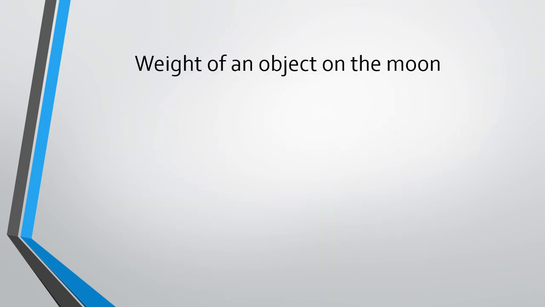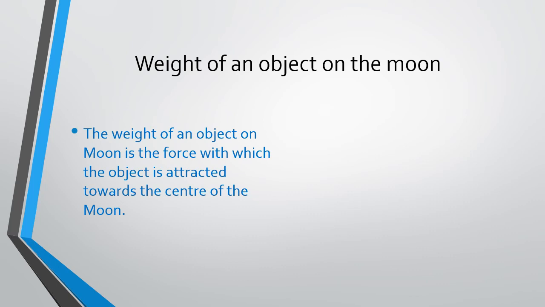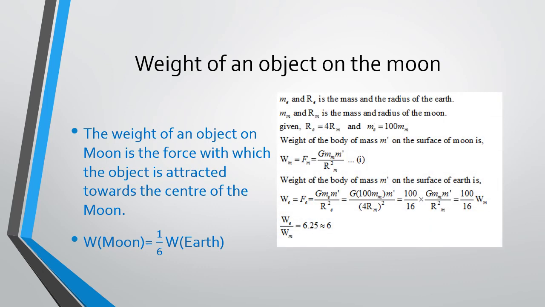Weight of an object on the moon. The weight of an object on the moon is the force with which the object is attracted towards the center of the moon. That is, weight on the moon will be equal to 1/6 of weight on earth.